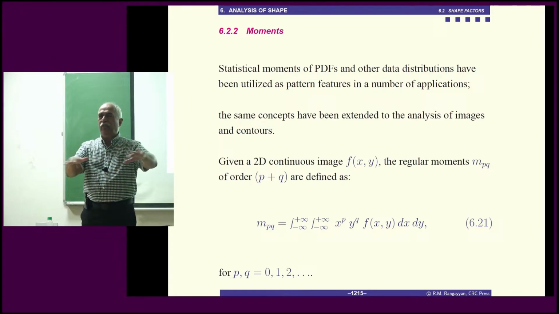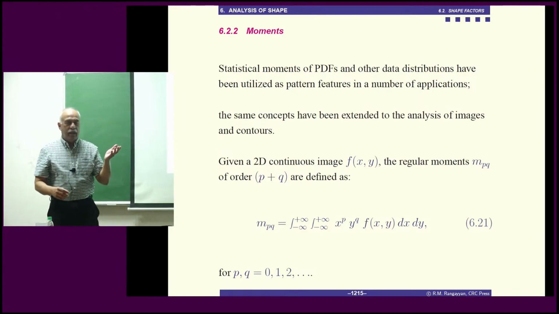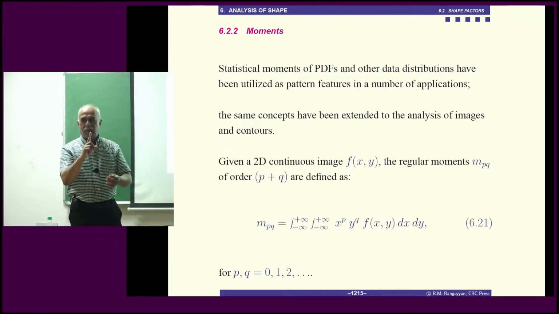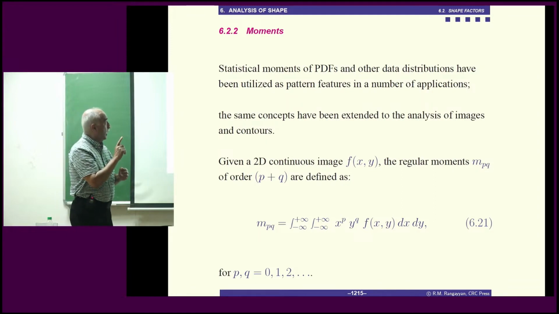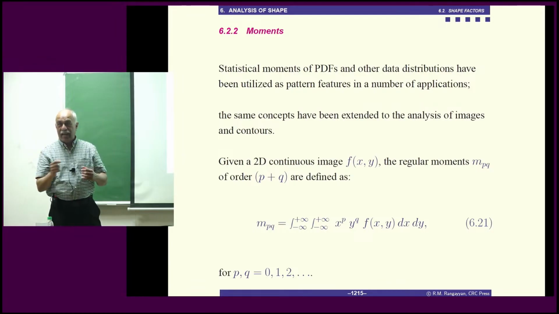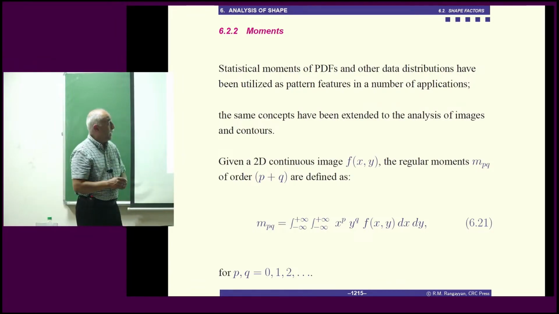So a non-uniform thickness plate, where the thickness depends on the gray level. And then where is the centroid? The point where you can balance it, that's the centroid. If there is no concavity, then you will be able to find a centroid that is within the object.